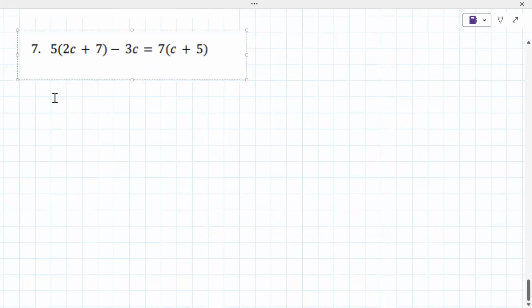Number 7 here, distribute, combine like terms, distribute. 7 was hard. Infinitely many solutions. Okay. Very good.